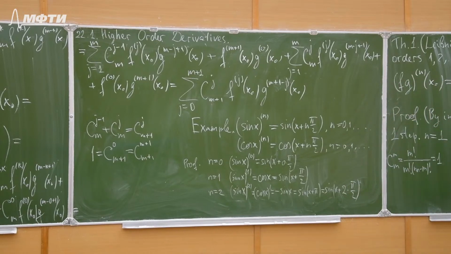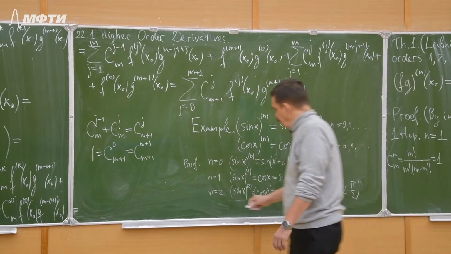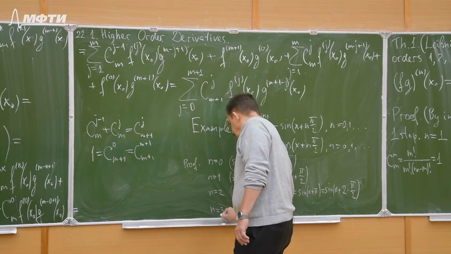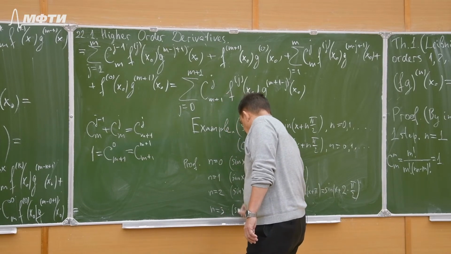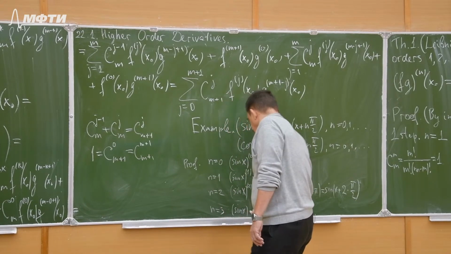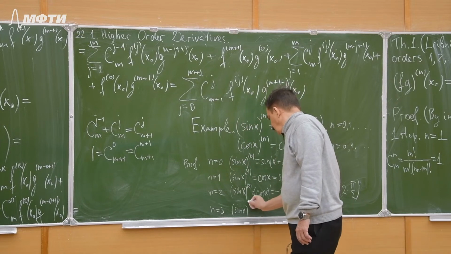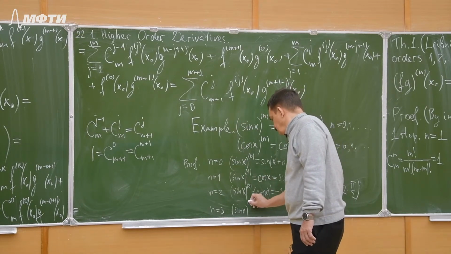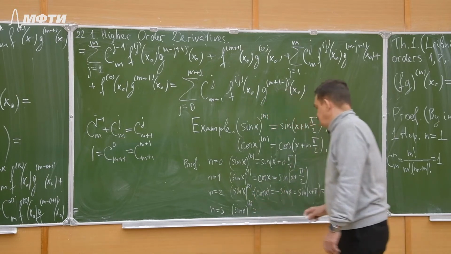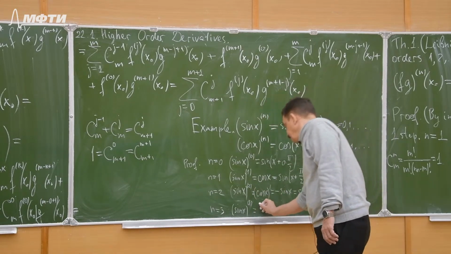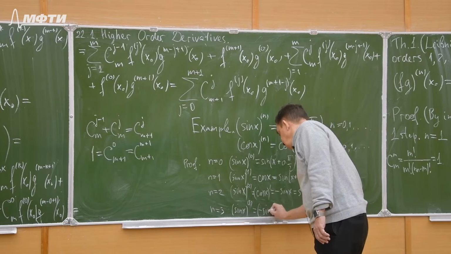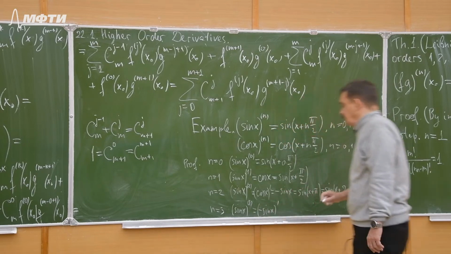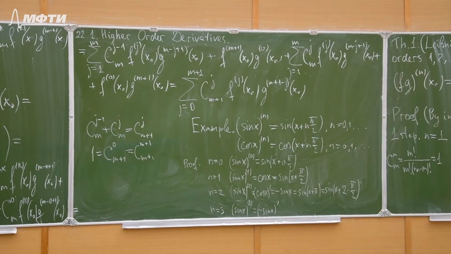That's it. n equals to 3, the third derivative of sine x is the derivative of the second derivative, so the derivative of minus sine.